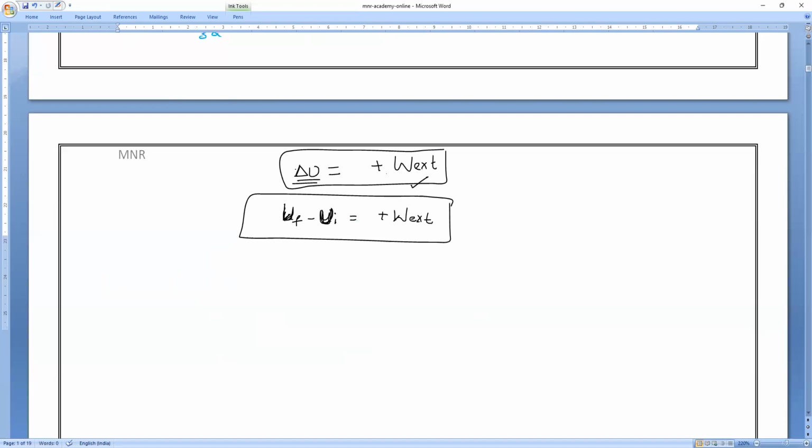So you can replace it. The final potential energy is minus 3 times G into m square divided by 2a. Next, minus of the initial potential energy, minus 3 G m square divided by a, which equals the positive work done by external forces.